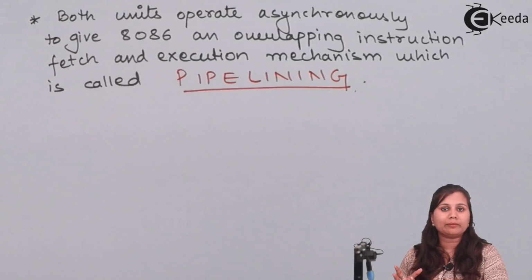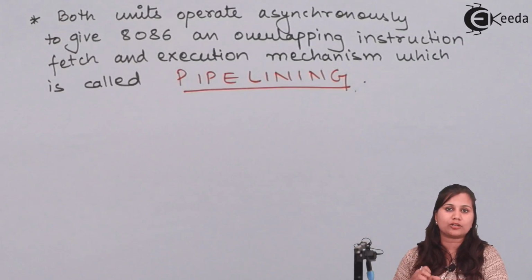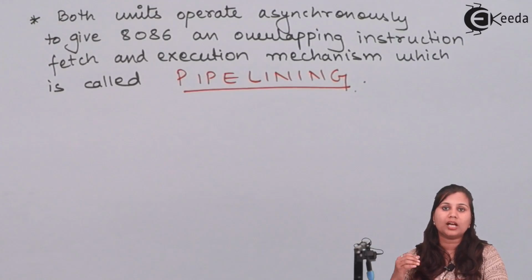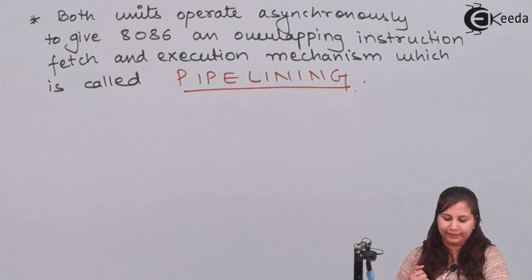So pipelining means that while the first instruction is being executed, the other instruction is at the same time fetched. So fetching of an instruction while the current instruction is being executed is known as pipelining.